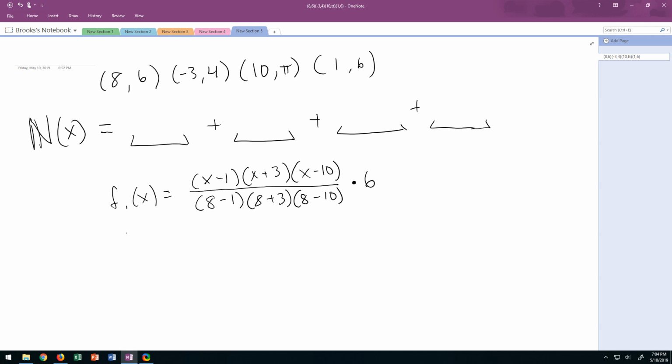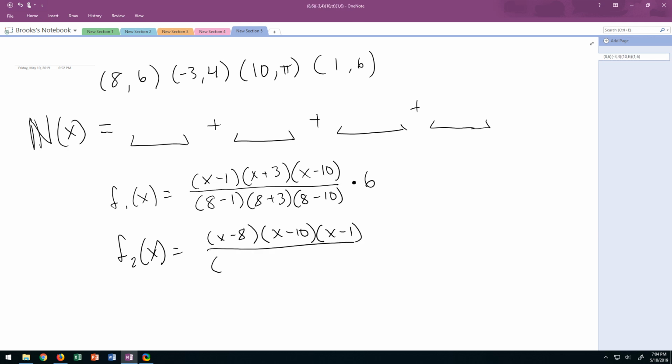Just for clarity's sake, let's make another one. Here I'm going to have x minus 8 on the top to put a 0 at 8, x minus 10, and x minus 1. I think I put these top ones out of order, but that doesn't matter.